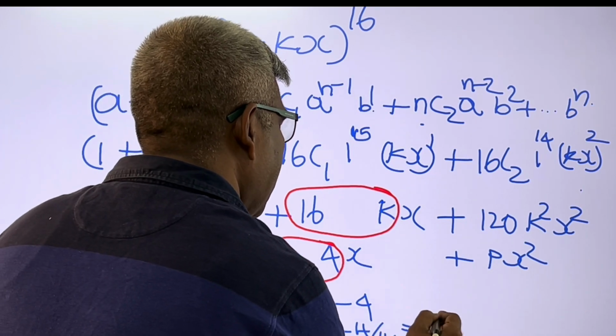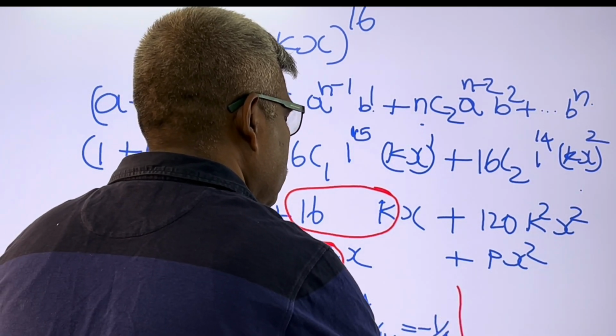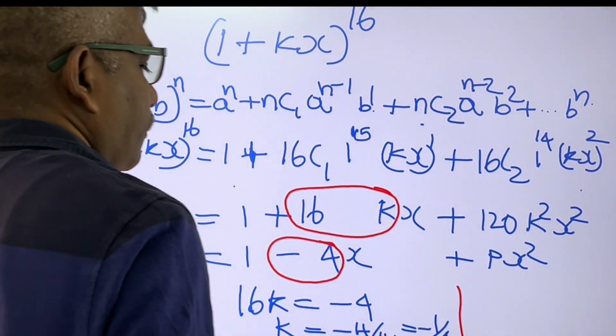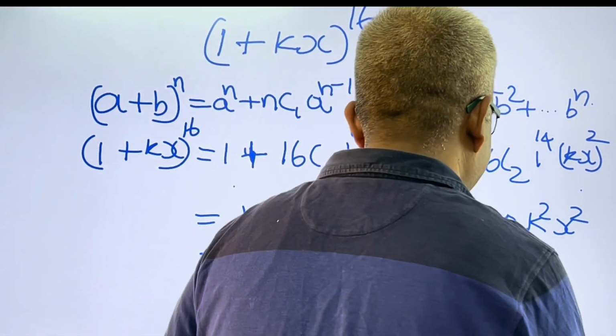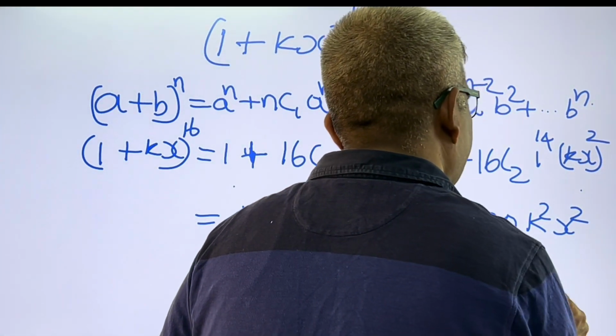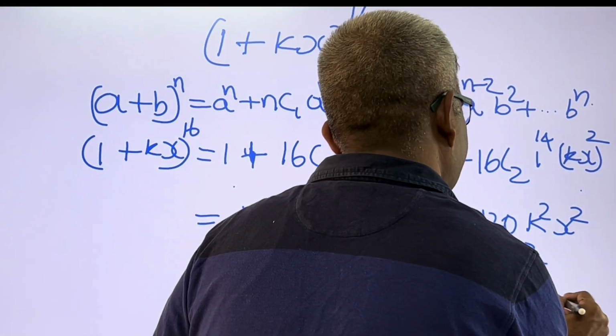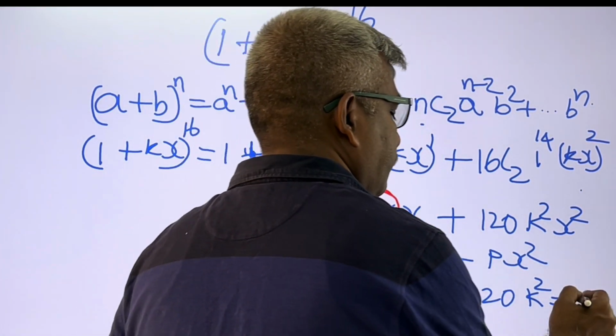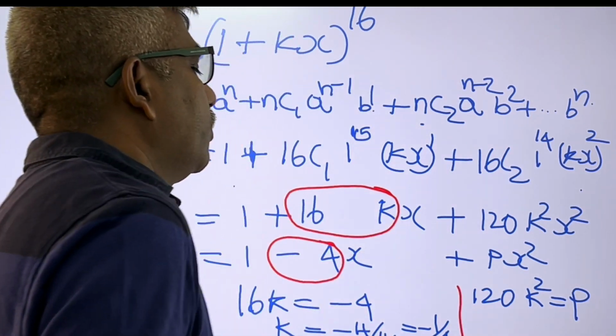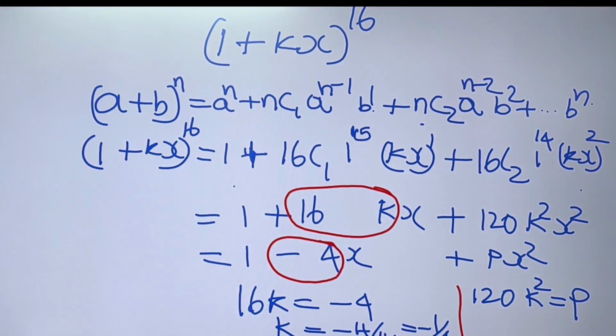K is equal to minus 1 by 4. Okay, then 120 k squared is equal to p.